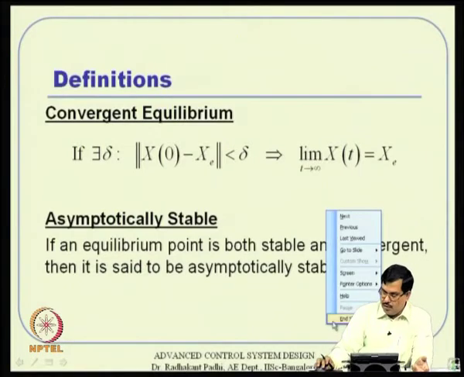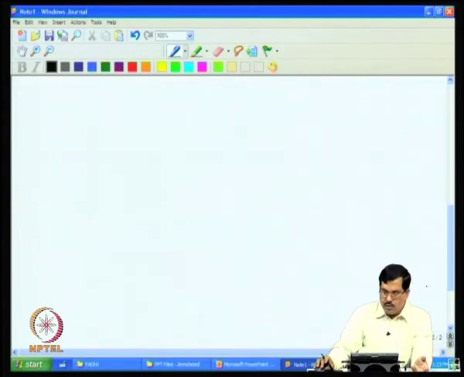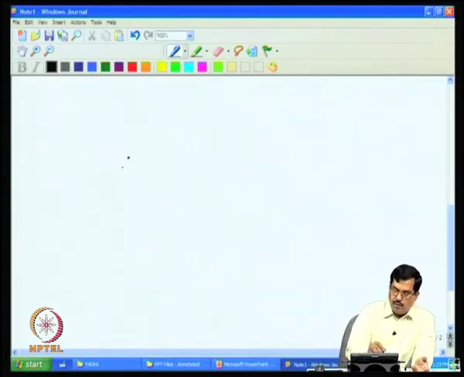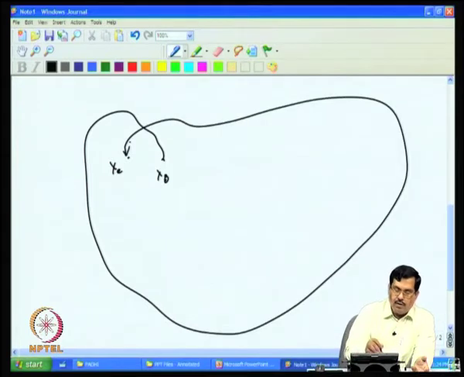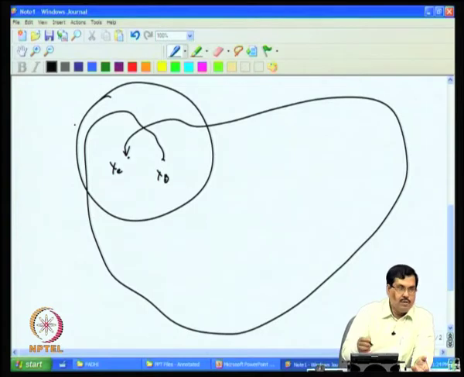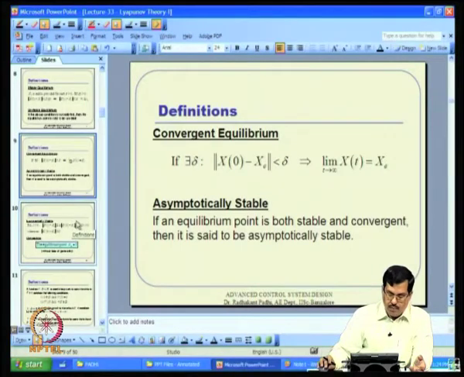Conceptually, if I have an equilibrium point Xc here and some initial condition x0, in between I can have a large deviation, but ultimately I will converge there. So the epsilon bound can be breached in between. If I go out here and ultimately come back and converge at Xc, then Xc is a convergent equilibrium. That is the notion of a convergent equilibrium.